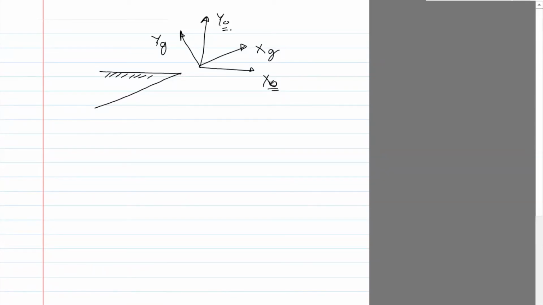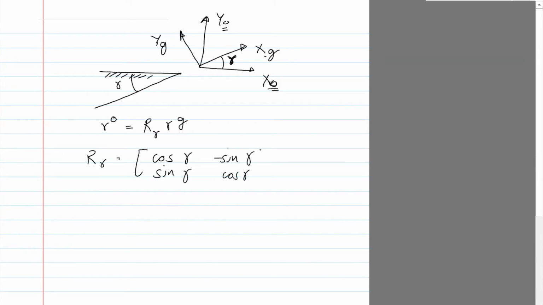This angle is gamma, and the formula is essentially, if you had any vector in the base frame and you wanted to write that in the ground frame, then since the ground frame is at an angle gamma to the base frame, you'll have R of gamma, where R of gamma is cosine gamma, minus sine gamma, sine gamma, cosine gamma.